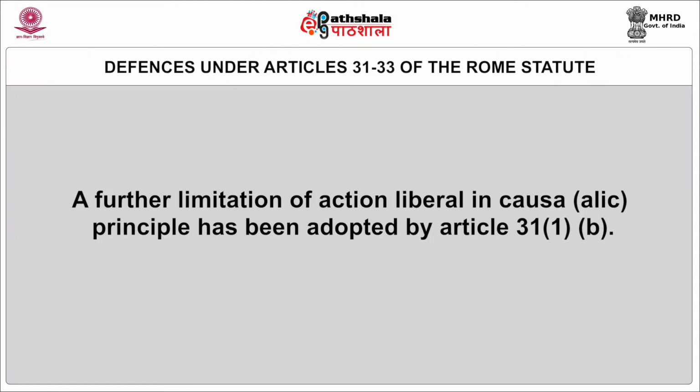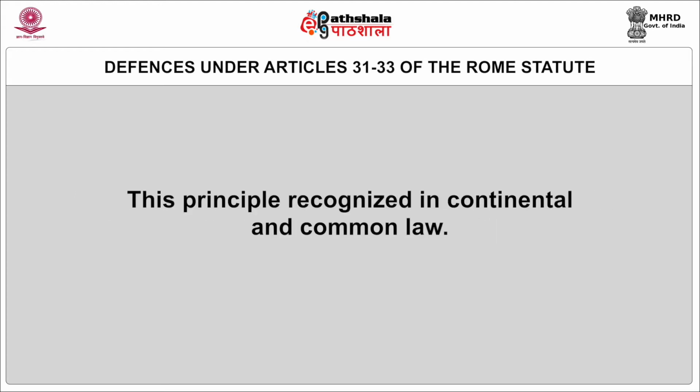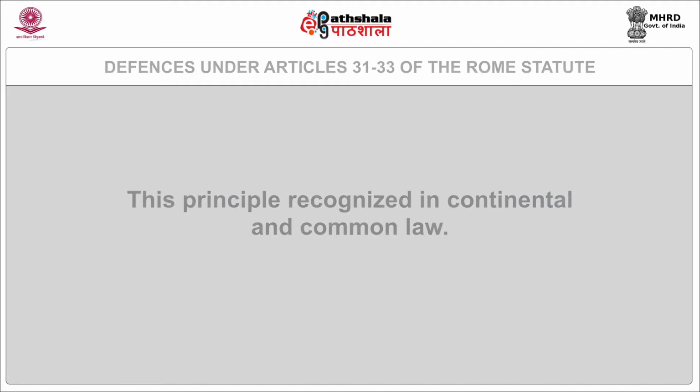A further limitation of actio libera in causa principle has been adopted by Article 31(1)(b). This principle is recognized in continental and common law. The underlying rationale of this principle is to prevent a malified intoxication, or rather intentionally bringing about intoxication as a free act, that is actio libera, with a preconceived intent to commit a crime in the resulting state, all in order to then invoke the state as a ground for excluding their personal responsibility for the act that they commit.